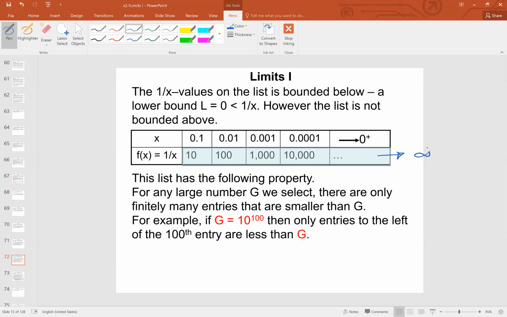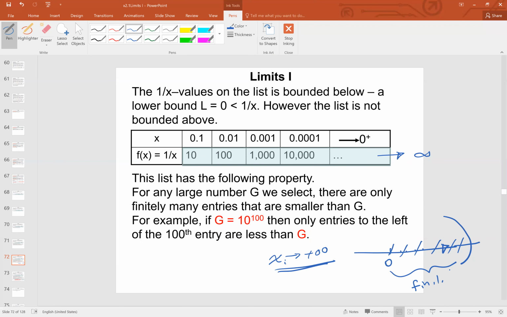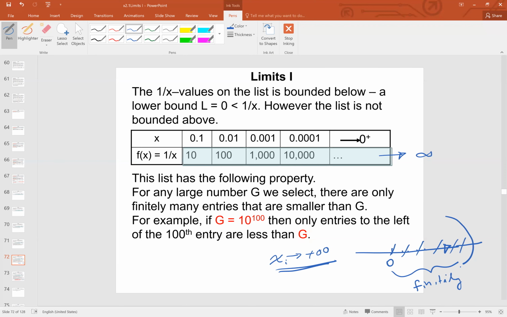And when we say a sequence of numbers goes to positive infinity, it means there's a bunch of numbers and they become bigger and bigger. We say they go to positive infinity if, for every number you can think of, no matter how big, there are only finitely many of them inside that bound.